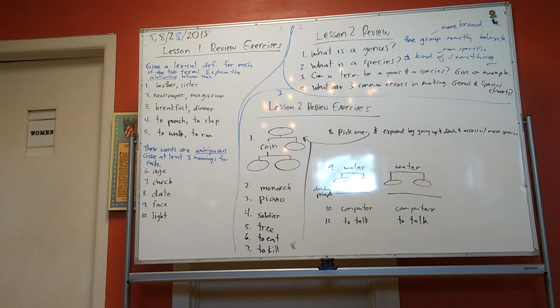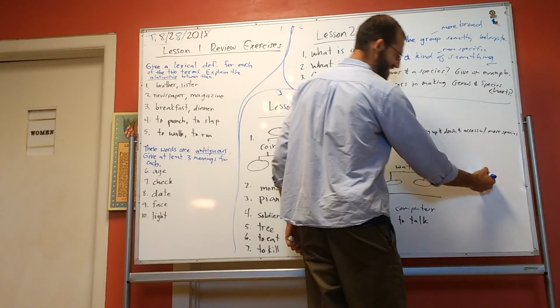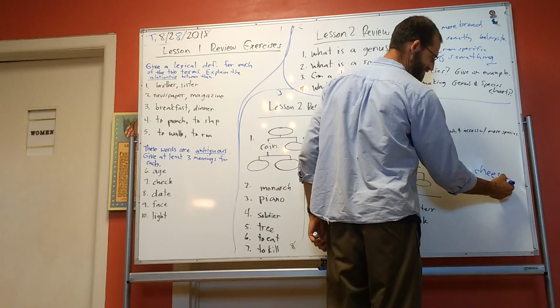Shalom. Can a term be a genus and a species? Can you give me an example? A cheese. Here it is, ladies and gentlemen. Everything you need to know about logic.